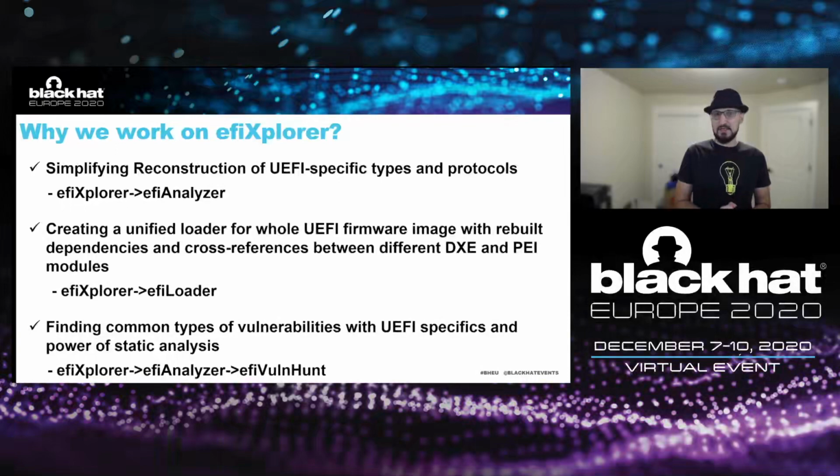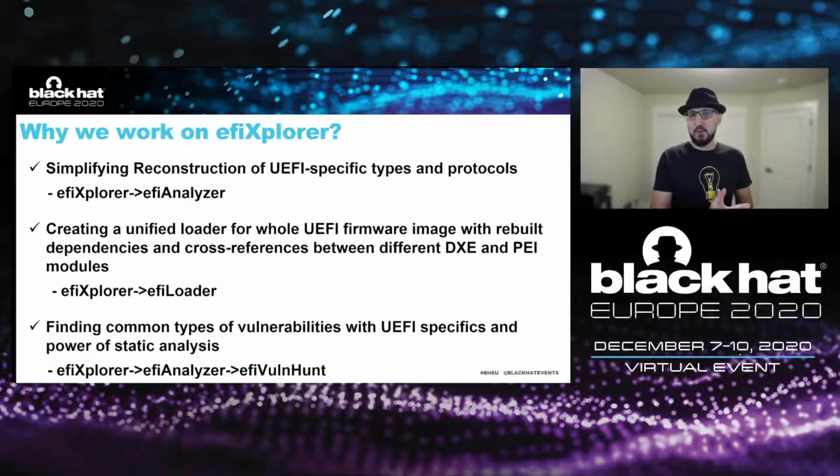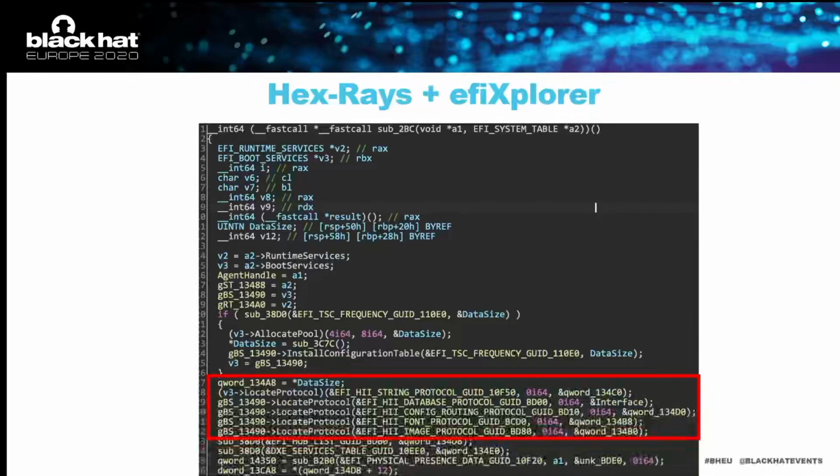We implemented some static pattern analyzers for particular vulnerability classes and have a lot of interesting ideas about how we can improve it with the power of Hex-Rays microcode and intermediate representations like C-trees, especially for data flow reconstruction.